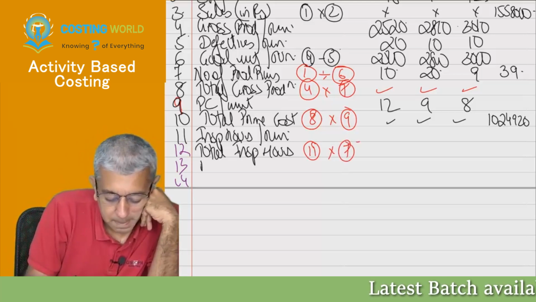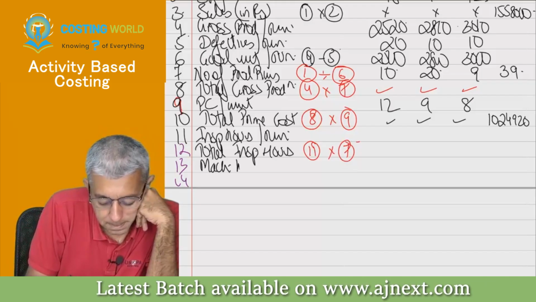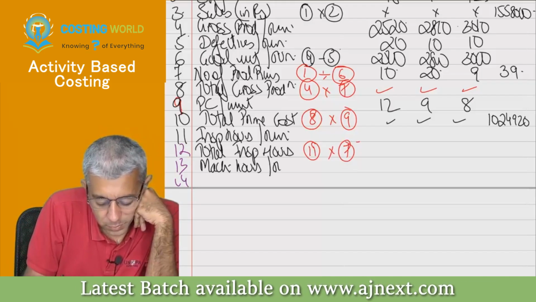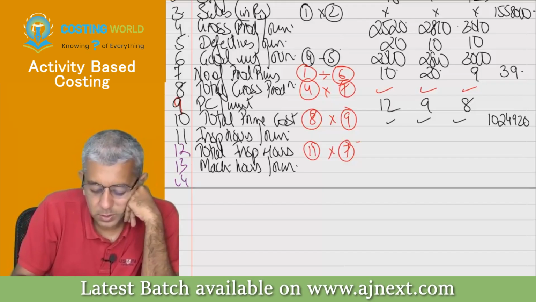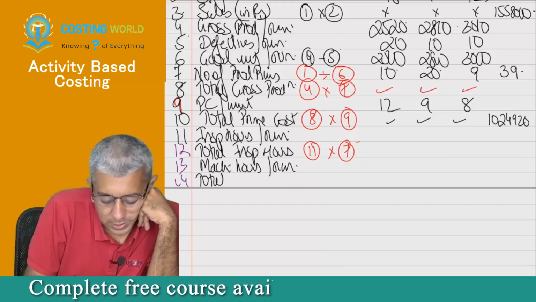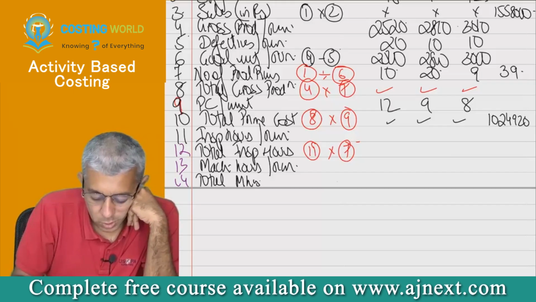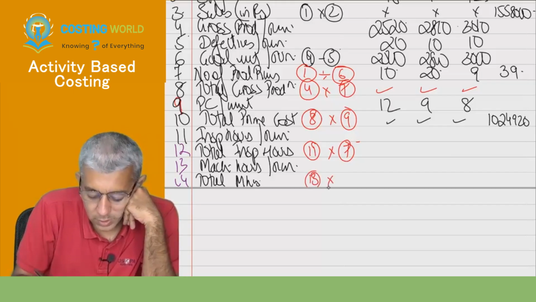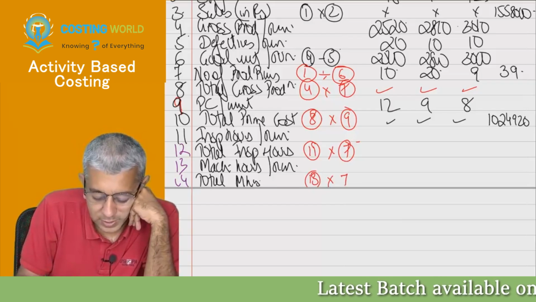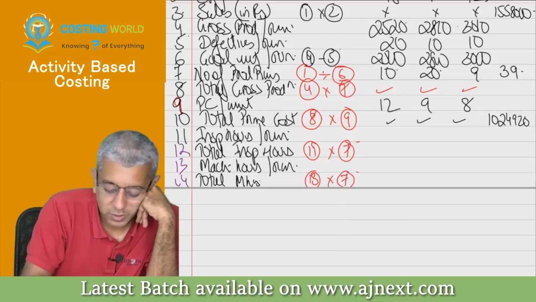Then machine hours per run, that is given to you in the question, total machine hours. Total machine hours will be number of machine hours per run, that is in 13, into 7.